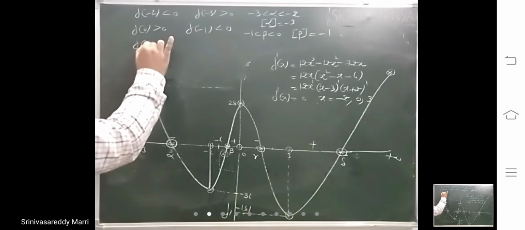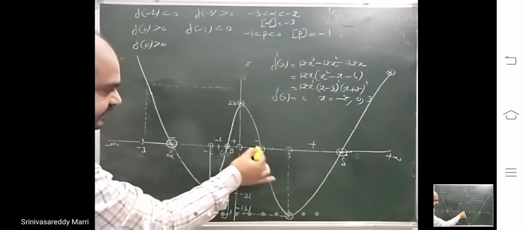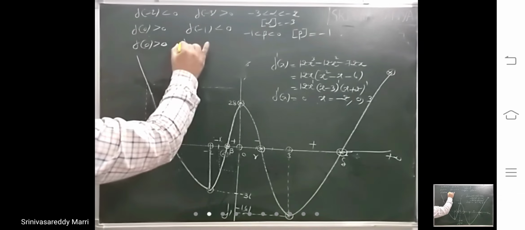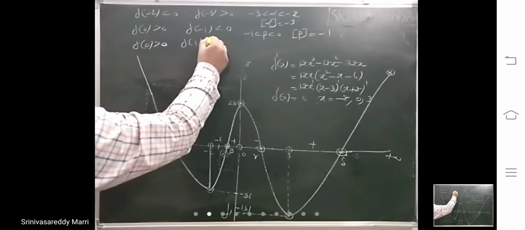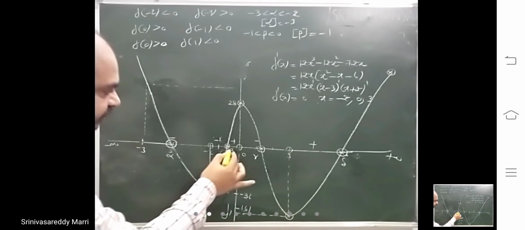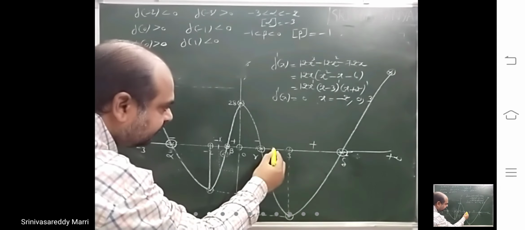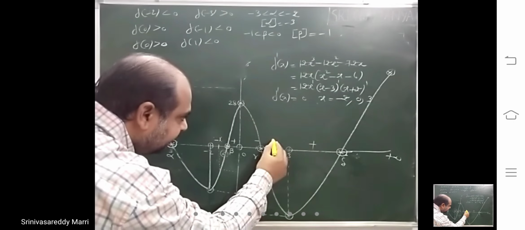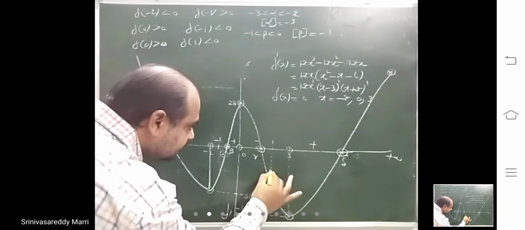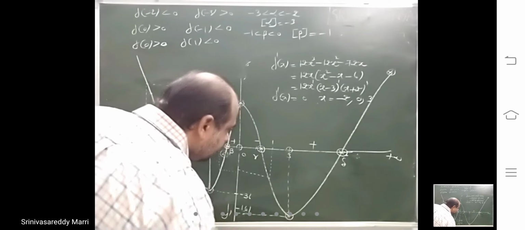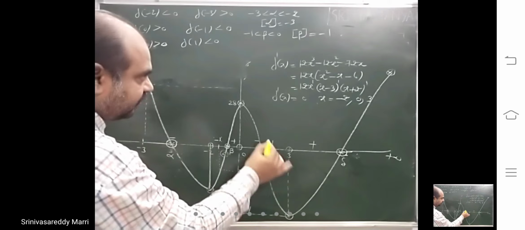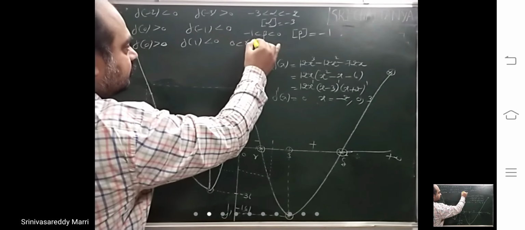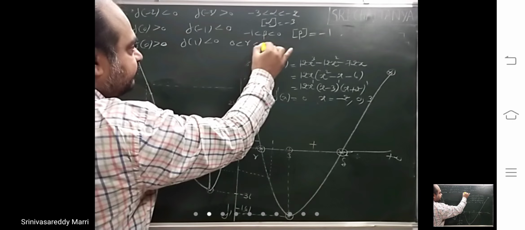The next integer is 1. Tell me f of 1, negative or positive? Negative. f of 1 is negative, and f of 0 is positive, so gamma lies between 0 and 1.